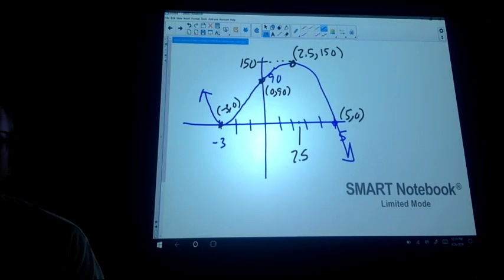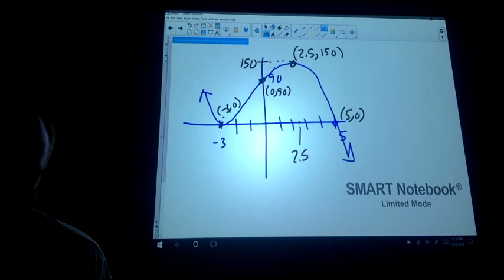So just use the x components. I'm going to underline the x components. Use any of those to tell me where you think this graph is increasing.